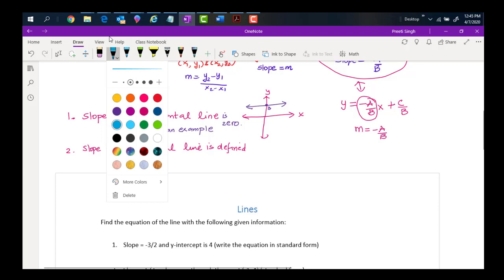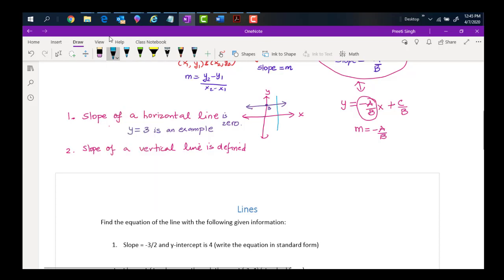Let's say this is x equals 2, so the equation of this line is x equals 2. The slope for this is undefined. That's the steepest line we can have. Even though x is constant, x is 2, y is continuously changing here. So the slopes of equations of the form x equals a number are undefined.